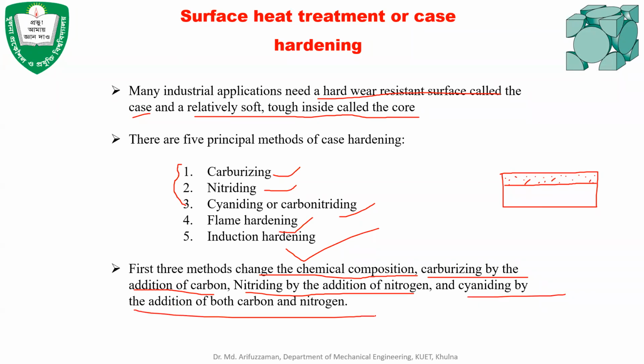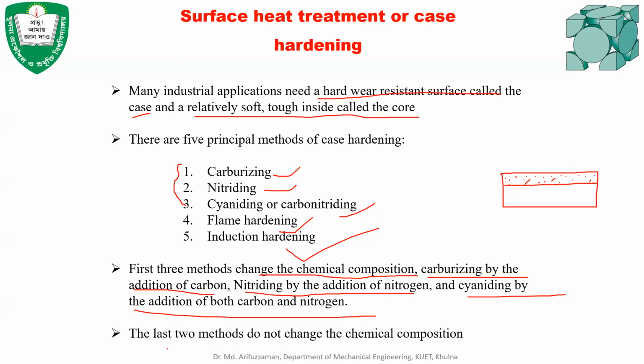Cyaniding is by addition of both carbon and nitrogen. That means the chemical composition of the surface is changed or modified to obtain a hard surface, either by nitrogen, carbon, or carbon and nitrogen both.